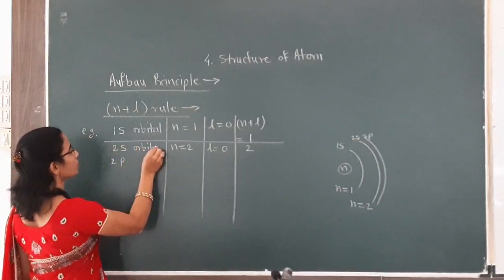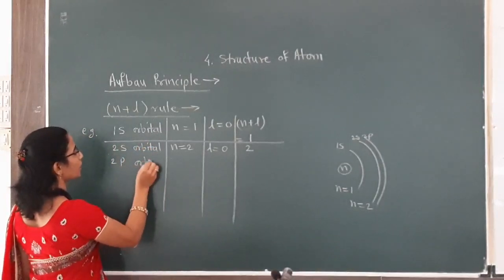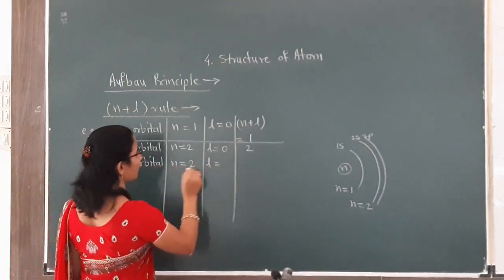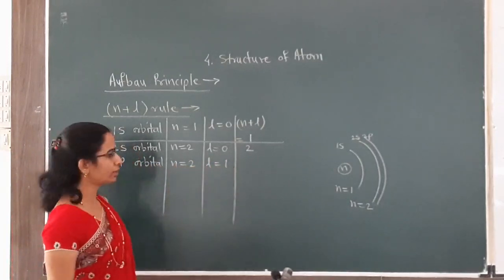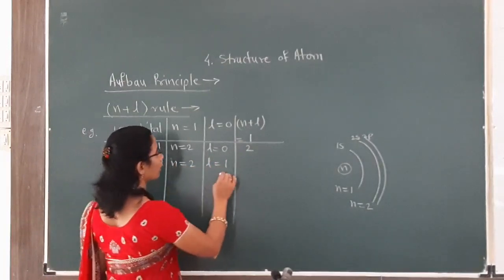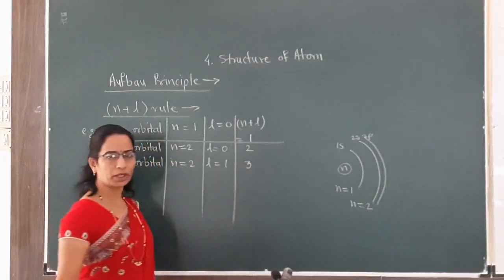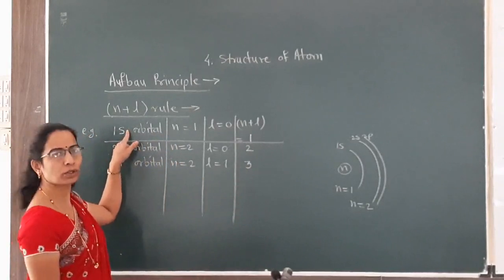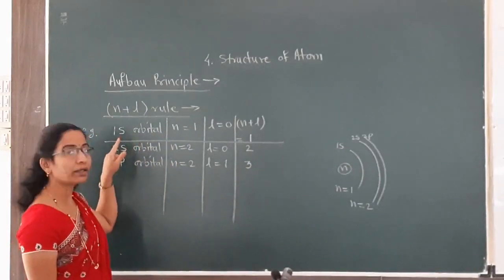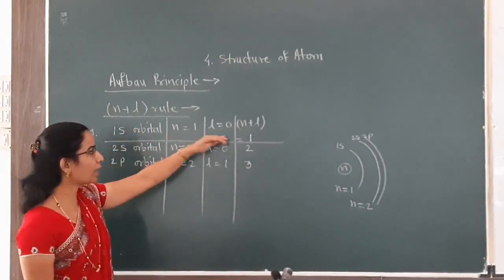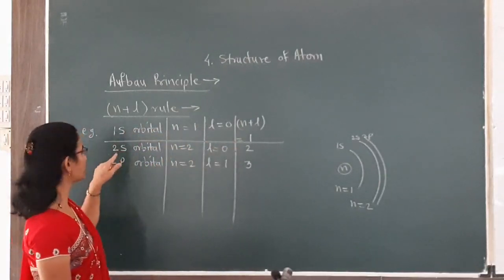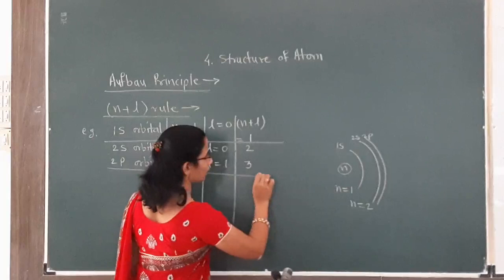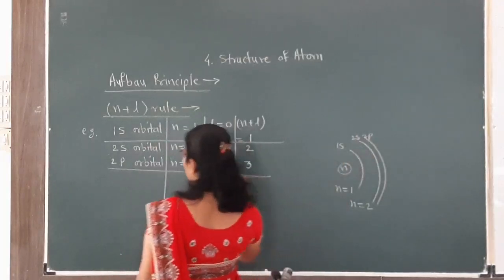Second shell possesses two orbitals, 2s and 2p orbital. Here for 2p orbital, again n is equal to 2 and l is equal to 1, and therefore the sum will become 3. Means here 1s orbital will possess lowest energy. The orbital having higher energy than 1s will be 2s. Then the next orbital will be 2p. In this manner, the orbitals will be arranged.